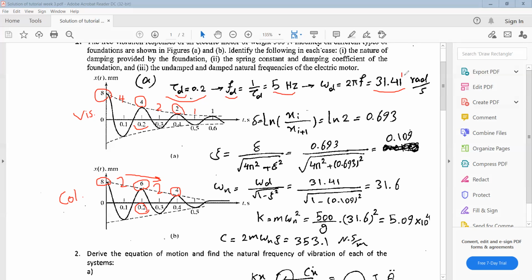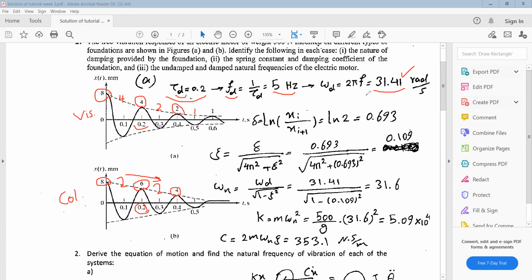So in case A, this is the frequency of the damped system, but in case B, this is the natural frequency of the system, because as you know, the natural frequency of a system with Coulomb damping remains the same.